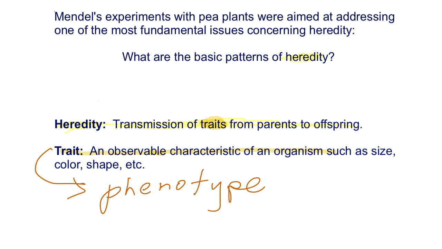So all he had to work with were traits, like in pea plants, the color of the pea, the texture of the pea, was it wrinkled or smooth, the height of the plant, the maximum height it grew to, etc.